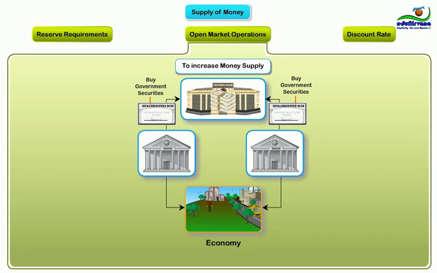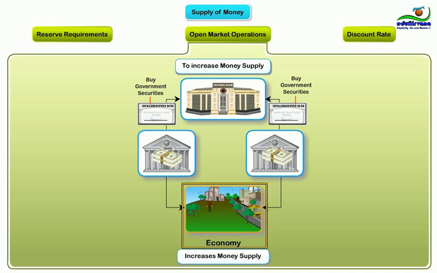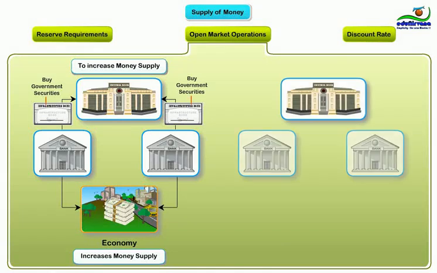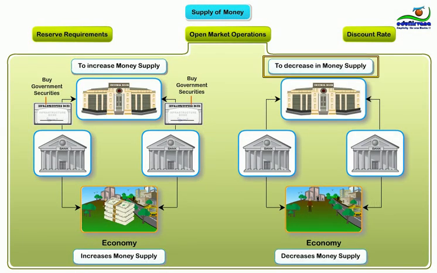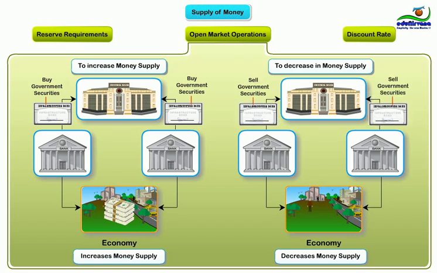The money I pay to the banks for buying back the government securities increases the total money available with the banks and hence increases the supply of money in circulation for onward lending. To reduce the money supply, I do just the opposite. I sell government securities.